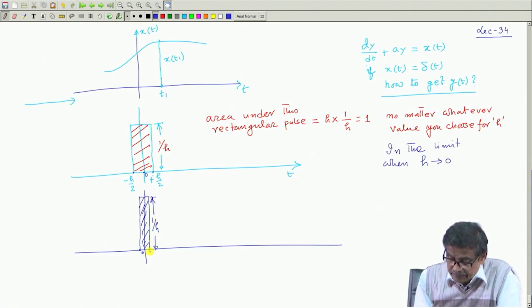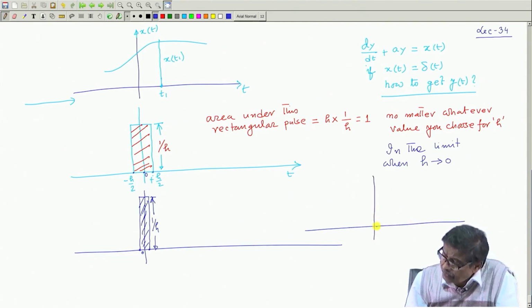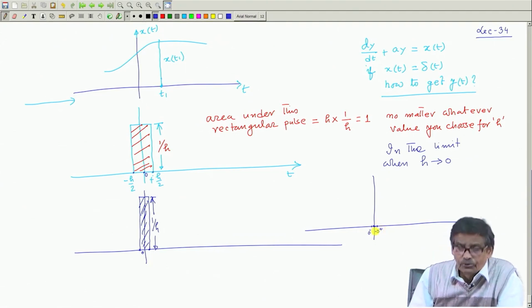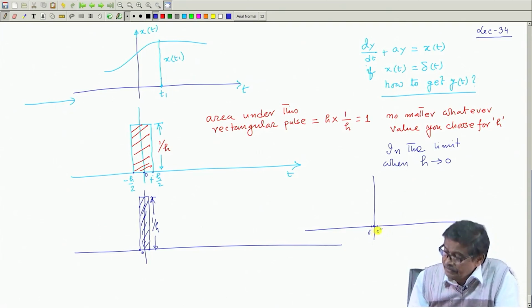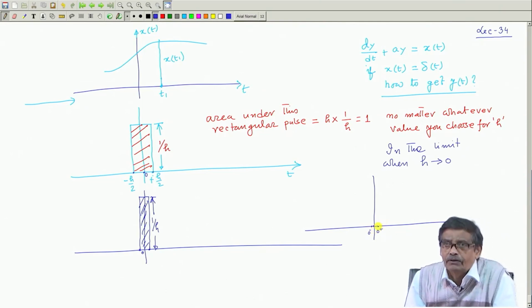At the same time, these 2 points will come very close to the origin, 0 minus and 0 plus, close to t equal to 0, but not really t equal to 0, but as close as you can think of.